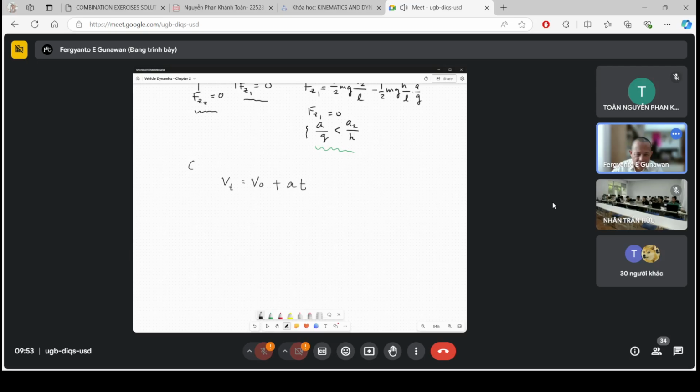For a constant acceleration, the next velocity from initially zero can be obtained by this equation. So you can compute the time based on this equation.